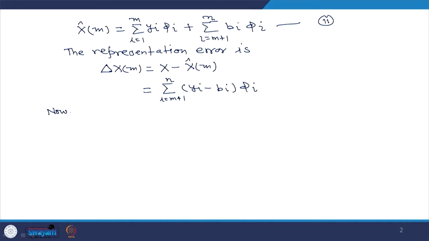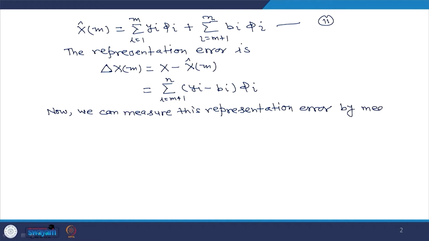Now, we can measure this representation error by the mean square of the magnitude of the difference, that is delta x.